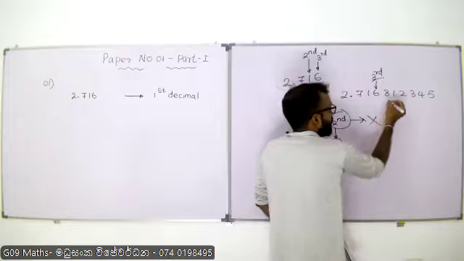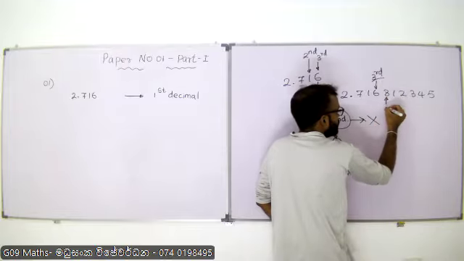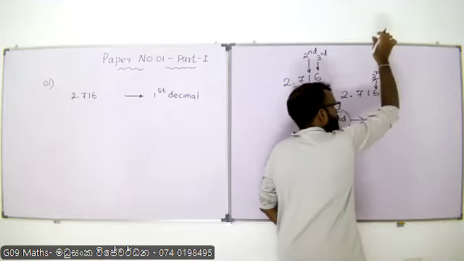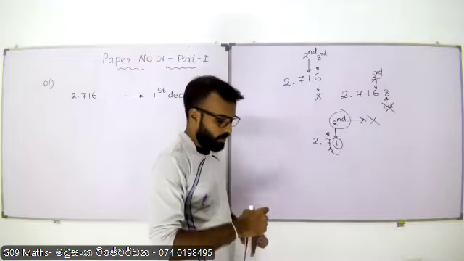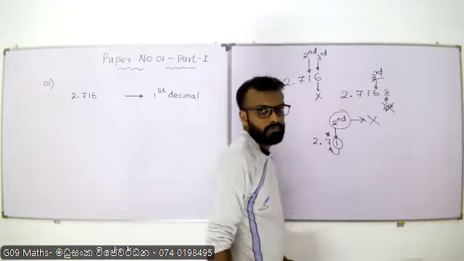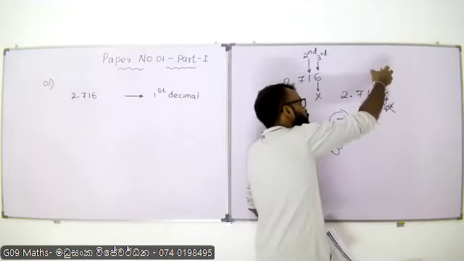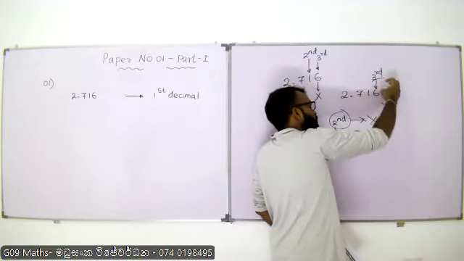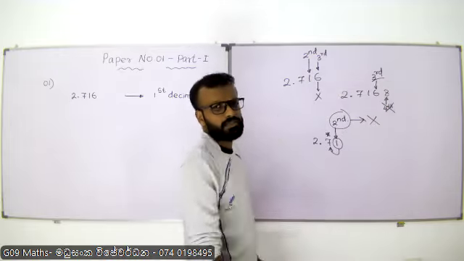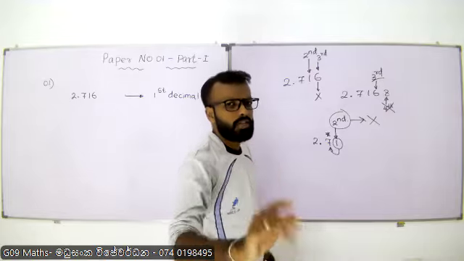You are going to consider up to the fourth decimal place. The fourth one you are going to eliminate. So these things are not needed, and we are not going to care about the rest. If you are going to round it off to the third decimal place, you are going to eliminate the fourth place. We do not need other things.